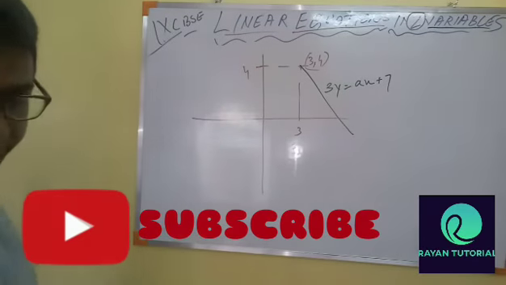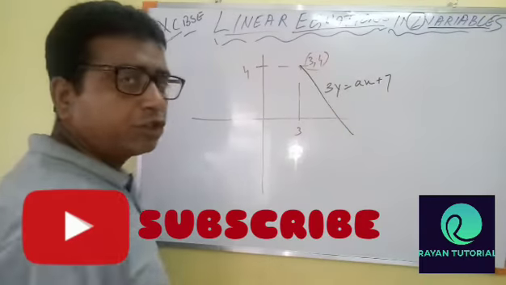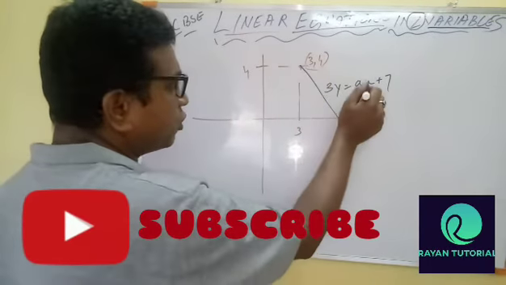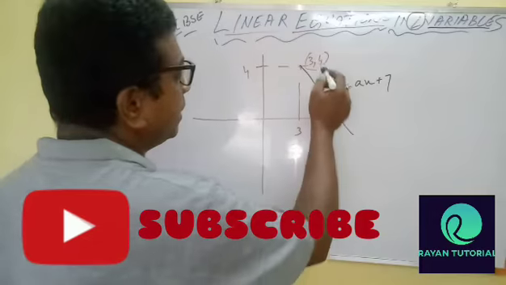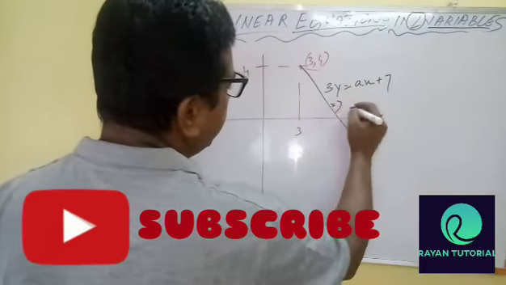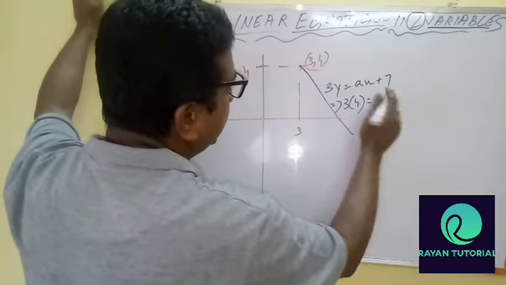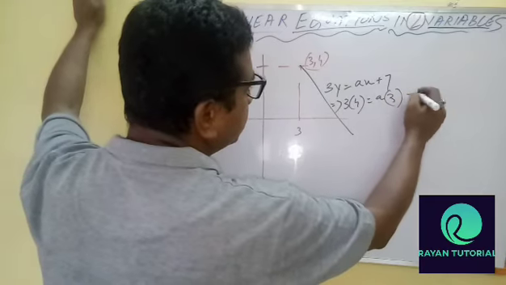Okay, very good. See, now in this equation, this is a solution. This point lies on this straight line, which means this is a solution of this equation. That means here I can put y equals 4 and here I can put x equals 3.